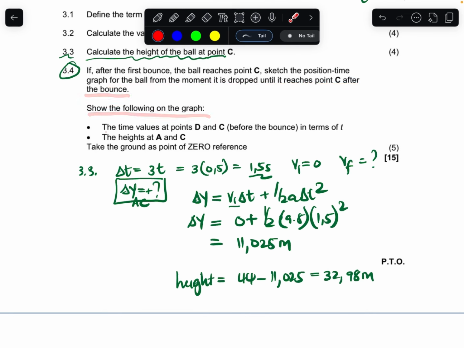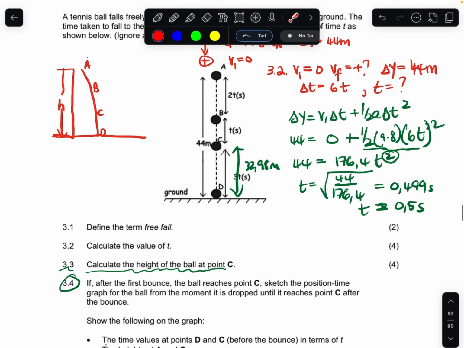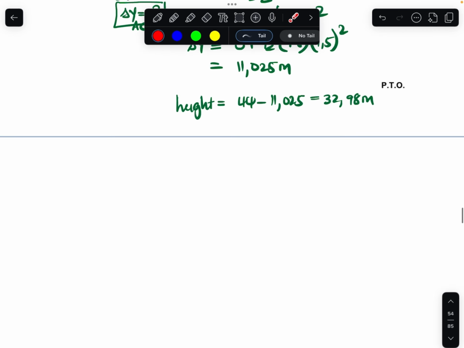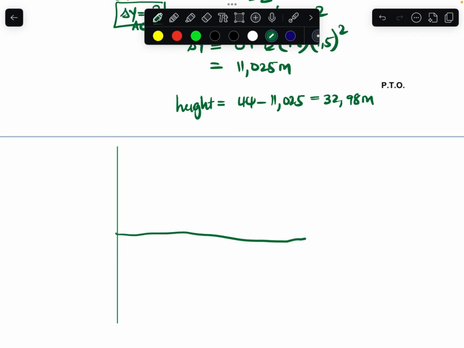Show the following: the time values at T, D, and C before the bounce in terms of T. So we're showing the time in terms of T, not the times. And the height AC, taking the ground as a reference point. So how we're going to draw this graph, it's going to be like this. This is our graph, the position versus time, and we are told to take the ground as a reference.